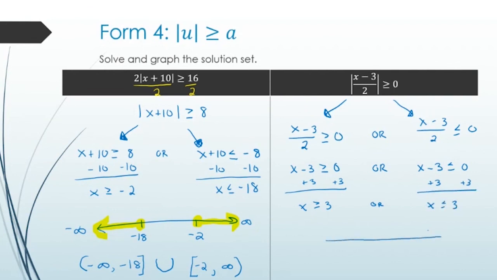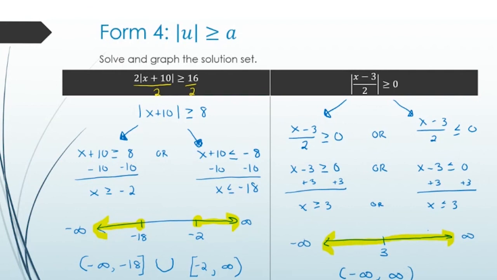Now I'm going to draw my number line, and I only have one number here, 3. And so when I highlight, I'm greater than or equal to 3, so that goes to the right. And I'm less than or equal to 3, which goes to the left. So the whole thing is highlighted. So this is another one where it's all real numbers for your solution, because your absolute value here is always greater than or equal to 0.